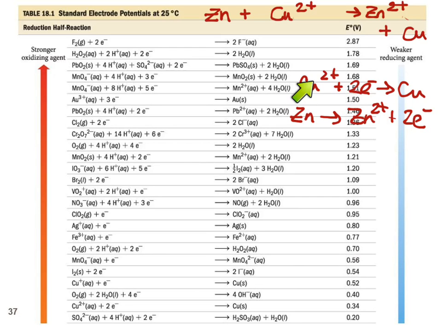Reduction is gain of electrons. Copper is gaining electrons. Copper is stronger, so it can grab these electrons. Zinc is weaker. It's down on the list. Zinc is losing the electrons. Zinc is being oxidized. Okay? So whoever's higher on the list goes forward and makes the other person go backwards. It's kind of like roller skating, I suppose. Somebody has to go backwards.